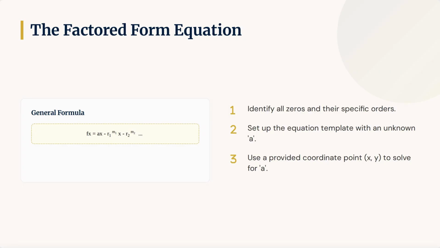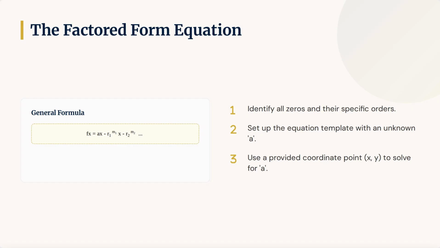To write our equation, we have to use the general factored form equation. To solve the problem systematically, we have to follow three main steps. The first thing is to identify the zeros. The second is to set up the equation, and we put an unknown factor, like A, B, C, D, anything we want.